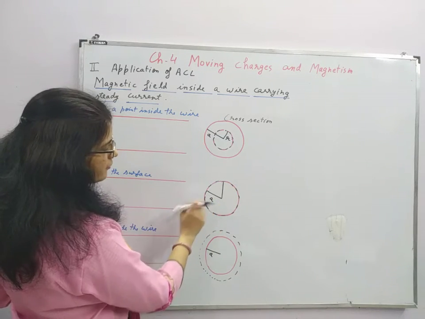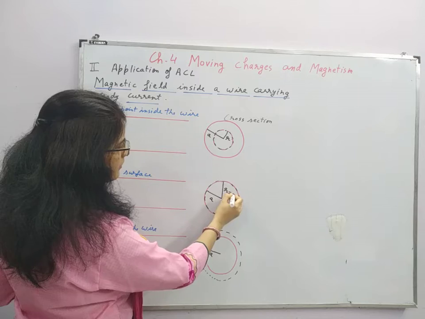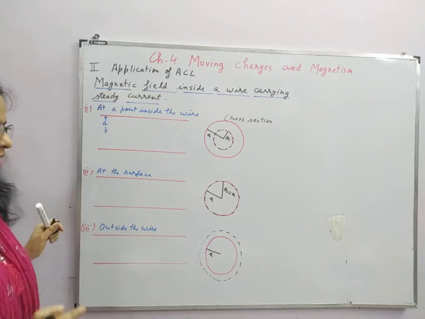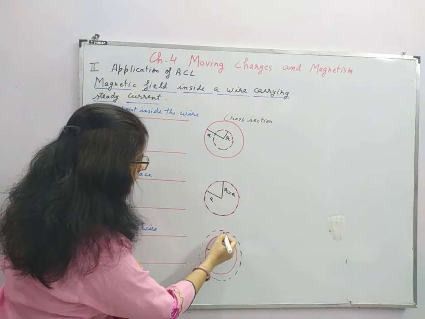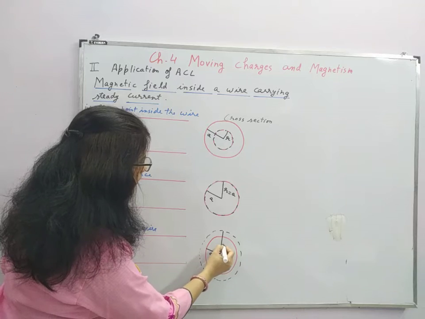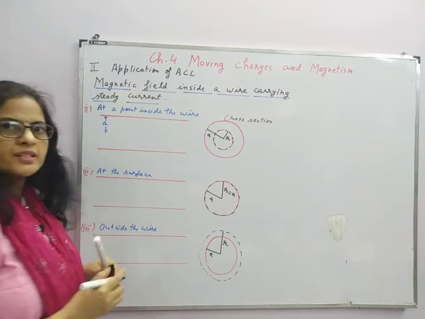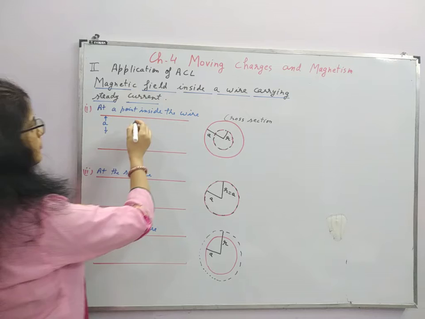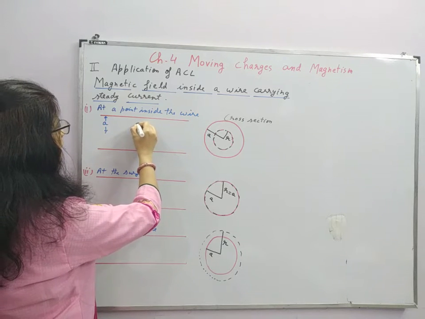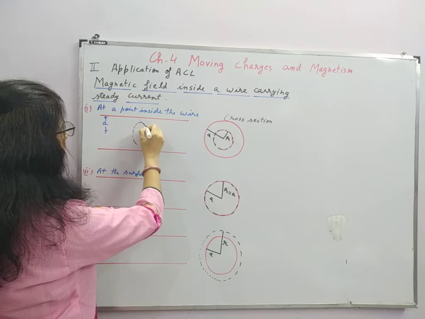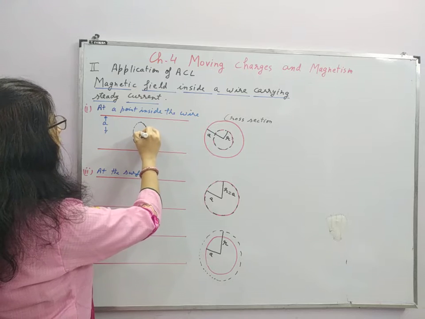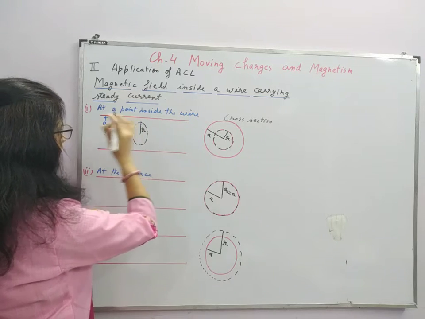So here the radius will be the same as the radius of the wire for the surface, and here the radius of the Amperian loop is again considered small r. So I am drawing the Amperian loop here inside the wire with radius small r.